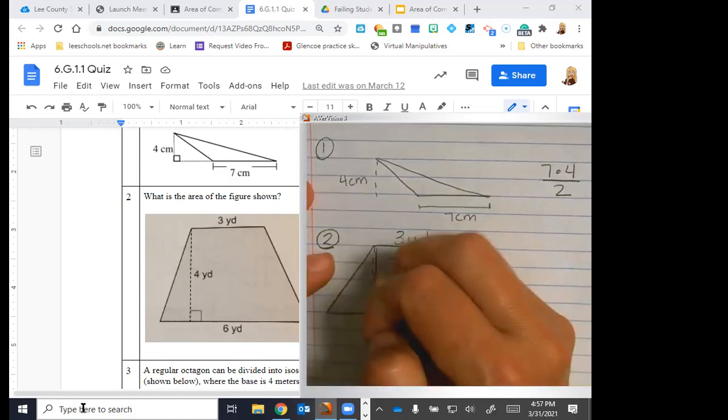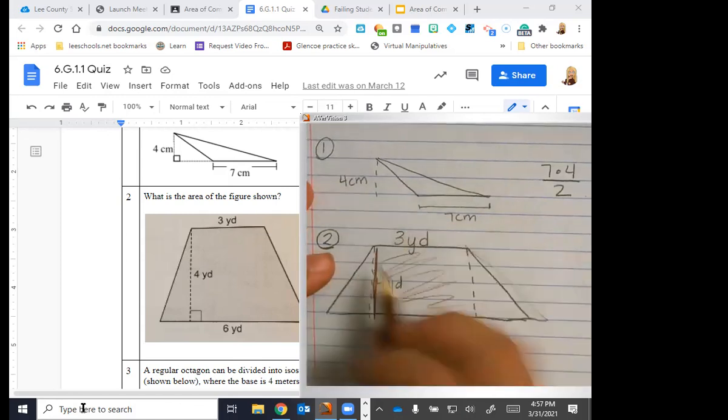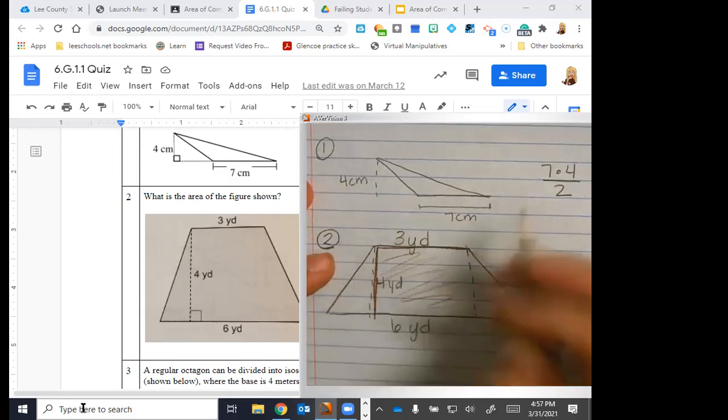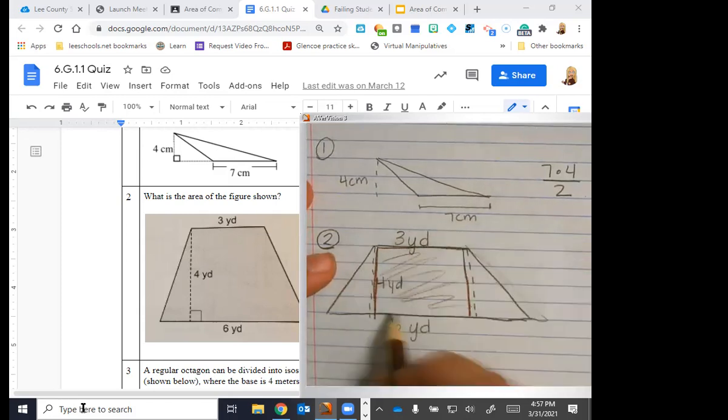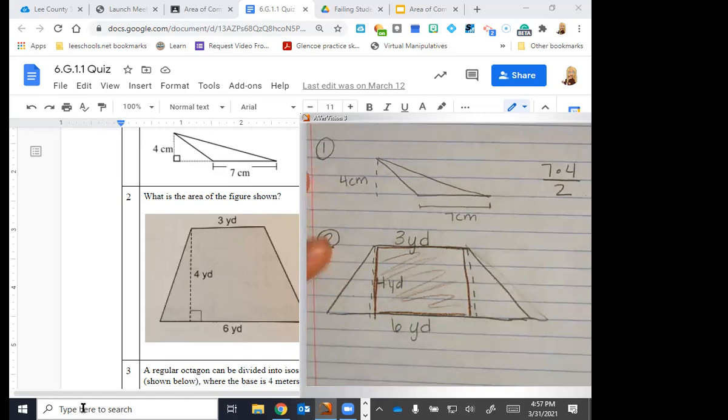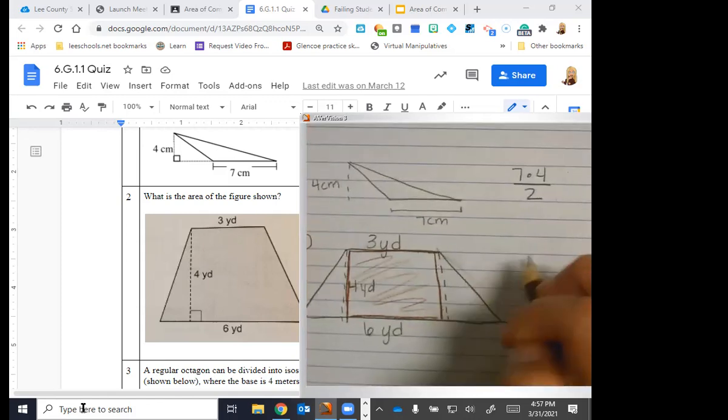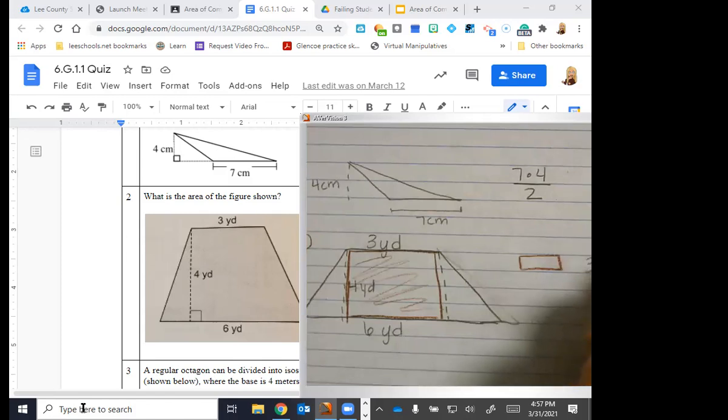When I look at the rectangle, I see that it goes here. So do I have a length and a width labeled for that rectangle? Yes, I do. My rectangle is 3 yards by 4 yards.